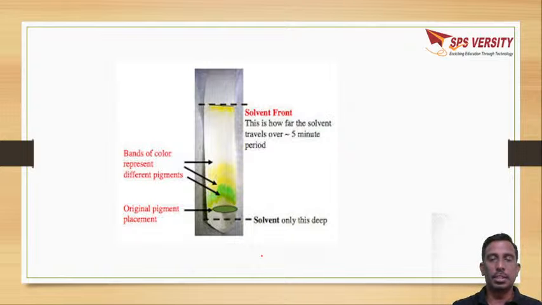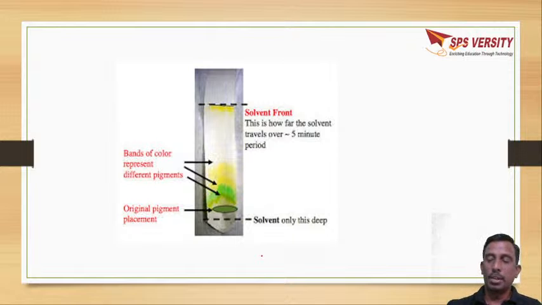Here you can see a chromatography paper kept in a solvent, where a dot of the original pigment solution is placed. When it is kept in the solvent, the pigments move along with the solvent.